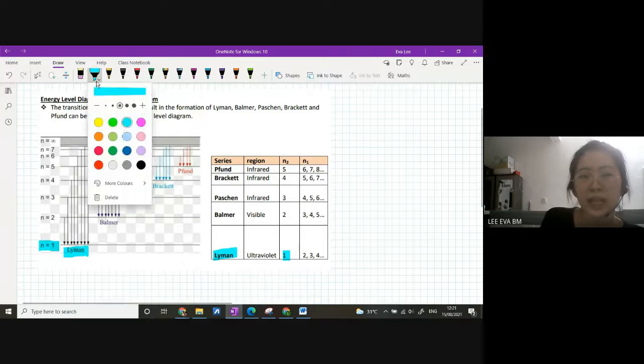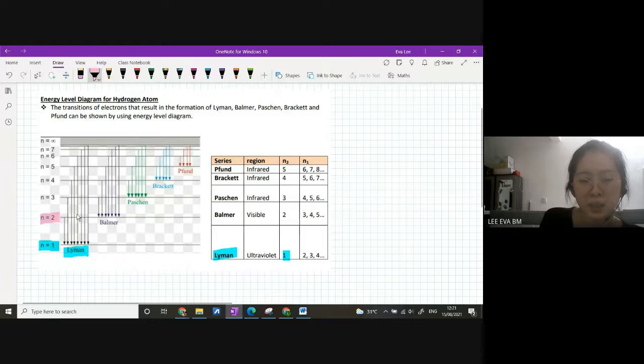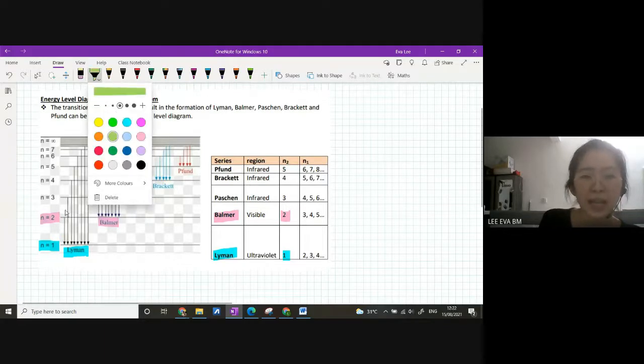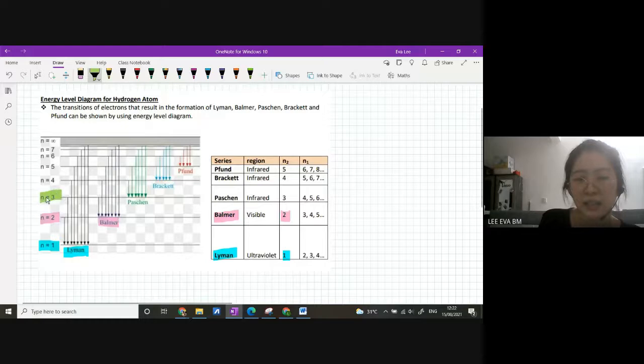Okay, and then the second series here is Balmer. The transitions are made from energy level 3 to 2, 4 to 2, 5 to 2, and so on. So this represents the Balmer series. For the Balmer series, the ground state is energy level 2, and the higher energy level can be 3, 4, 5, and so on. Similarly, with another color, energy level 3 means Paschen.